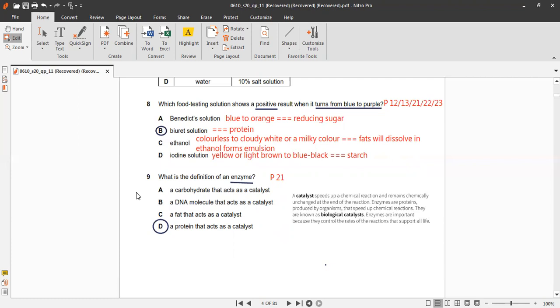Ethanol, colorless to cloudy white or milky color, detects fats, because fats dissolve in ethanol and form an emulsion. Iodine solution, no, yellow or light brown to blue black, detects starch. The correct answer is B, Biuret solution, which detects protein.